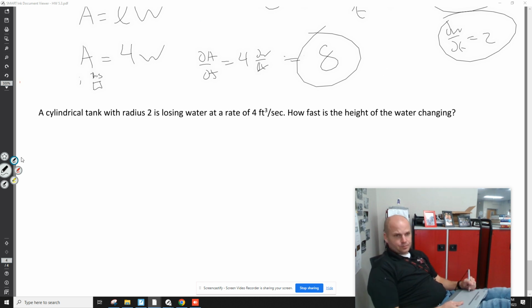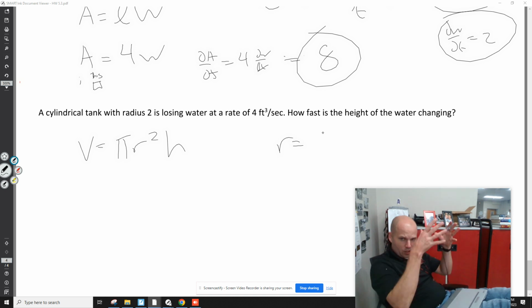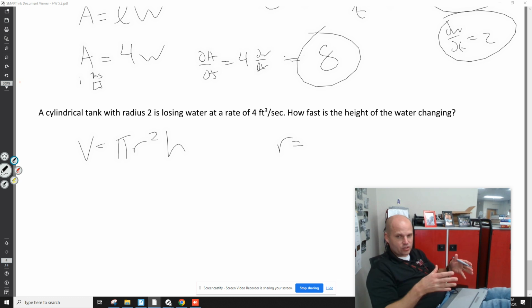For example, I'll give you the formula for a cylinder, pi r squared h. The radius of this tank is 2. Now, if you have a cylindrical tank, the water in the tank, if the tank's radius is 2, the tank is not changing in size. It's the water inside the tank that's moving.